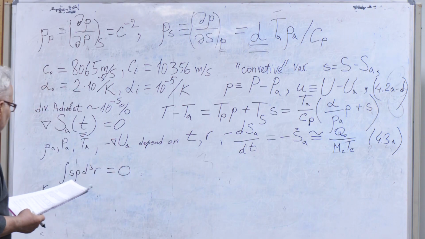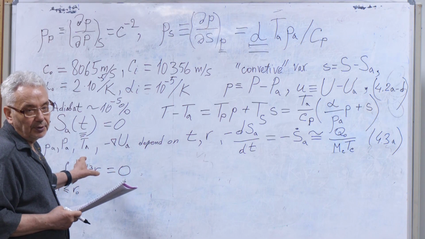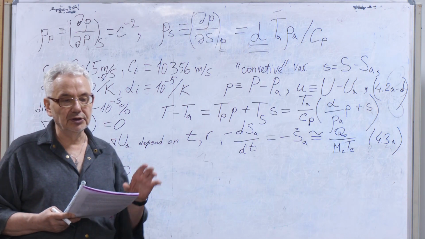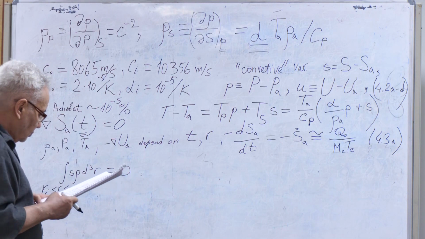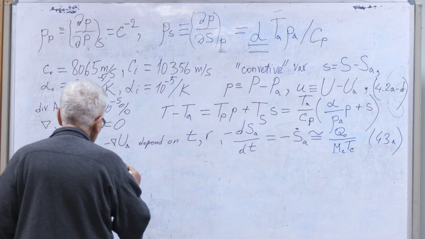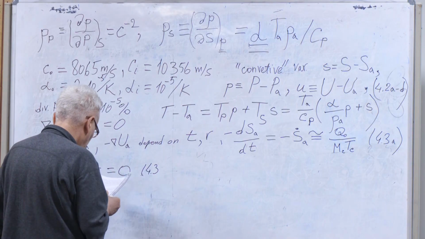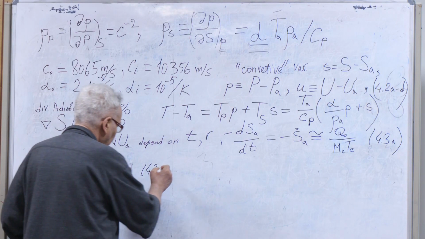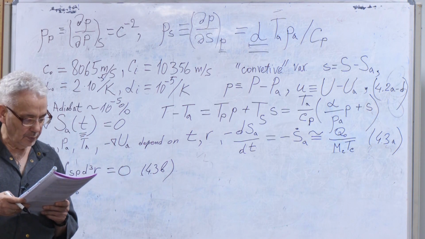So actually we should cancel out all the deviation from the entropy. And this integral works exactly in this way, to cancel out the deviation, just to keep near the adiabatic state. Okay, let's remember this formula, 4.3b.